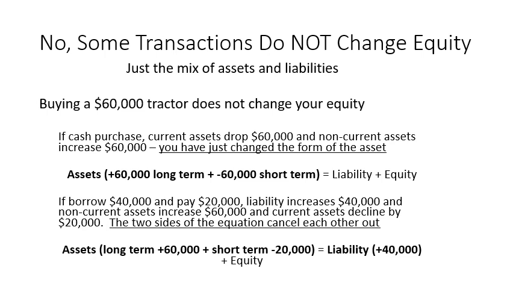And the reduction in cash, for example, if you had to pay for the tractor. So, for example, in this case here, if it was a $60,000 tractor and you borrowed $40,000 and then paid $20,000, you can see that the $40,000 liability on the right-hand side of the equation is the same as the $60,000 tractor on the left-hand side minus the $20,000 in assets from your checking account, for example, that you had to pay for the down payment.